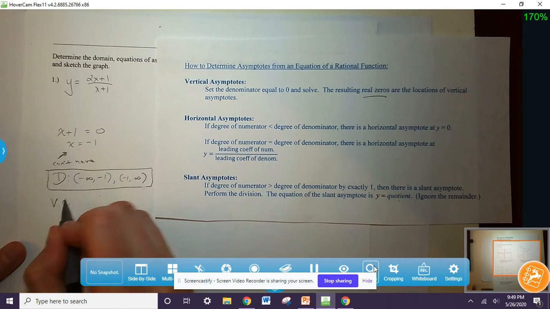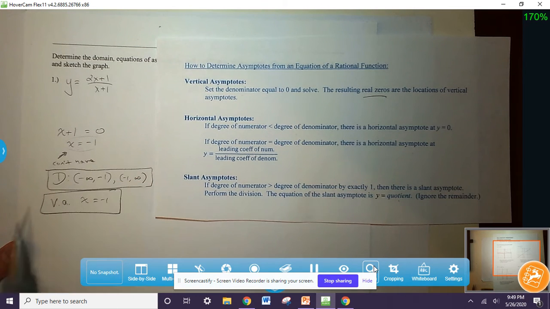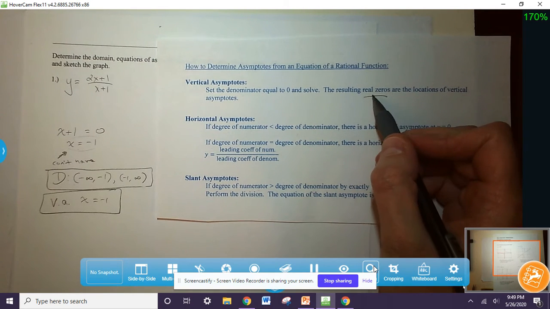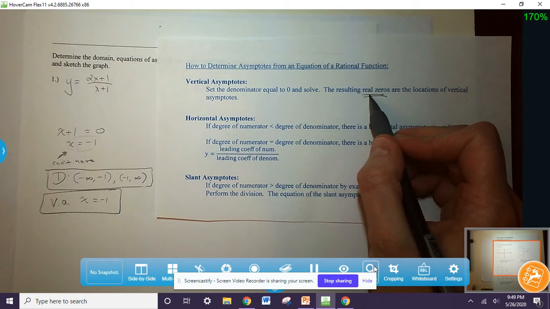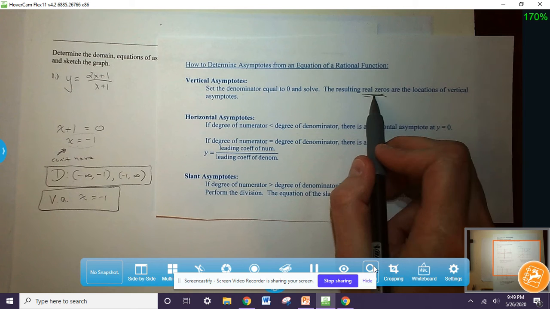Since the only real 0 here is x equals -1, that is the one and only vertical asymptote. I usually find those together because you find them using the same procedure. By the way, if you have any imaginary zeros, then they don't count as vertical asymptotes. We're not going to see that today, but I'll make sure you see that tomorrow or next lesson.